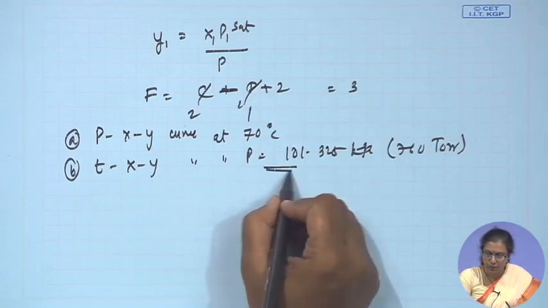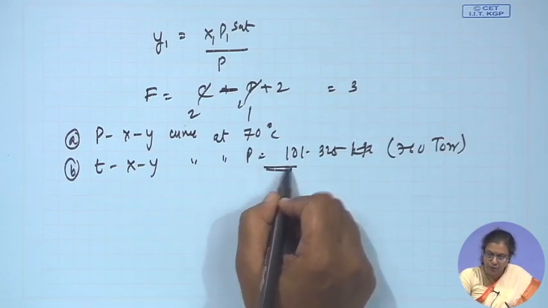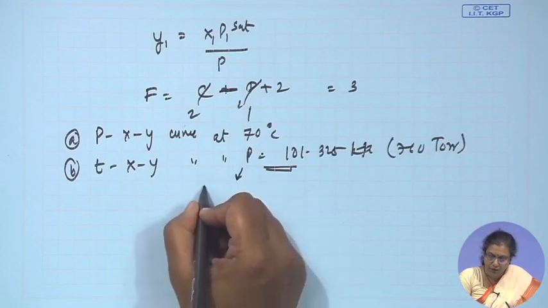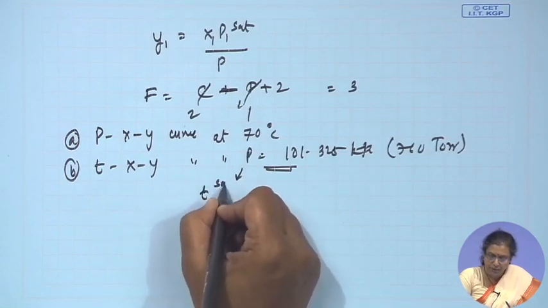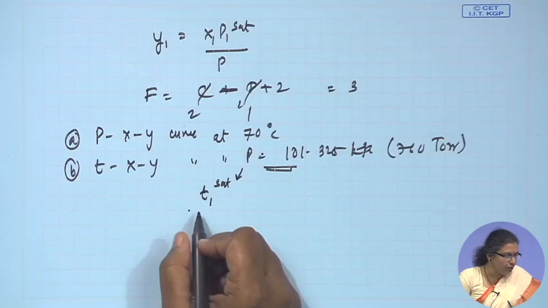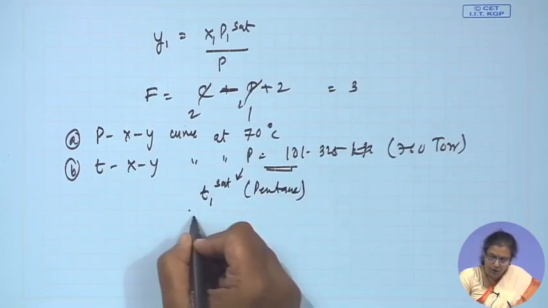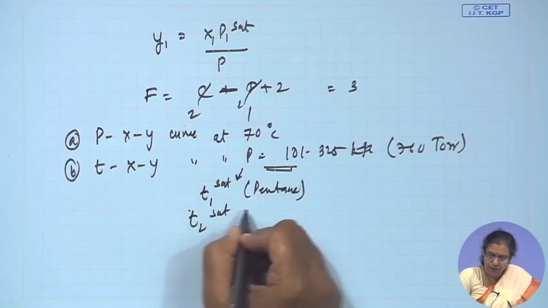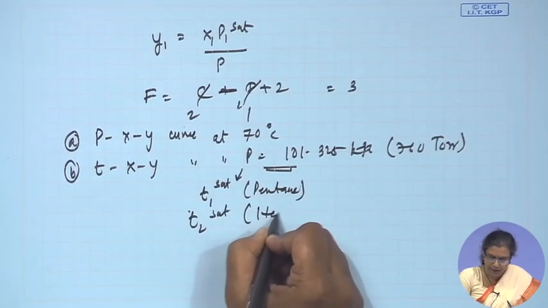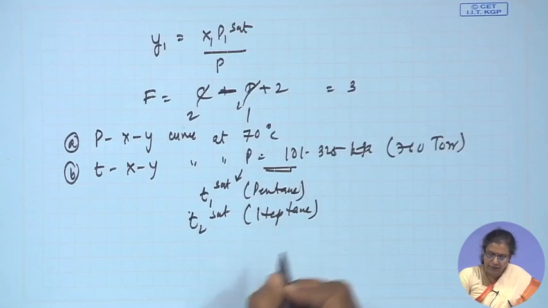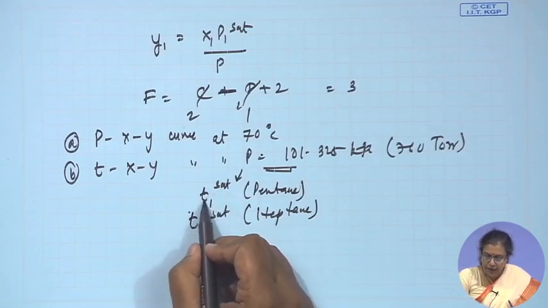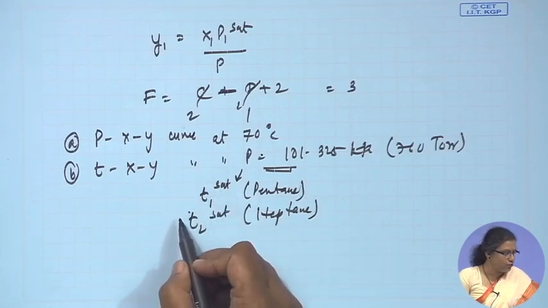In this particular case, what do we know? We know the total pressure. Now, corresponding to this pressure, can we not find out the boiling point of component 1, which is pentane, and the boiling point of component 2, which is heptane? Now, how do we find T1 saturated and T2 saturated?